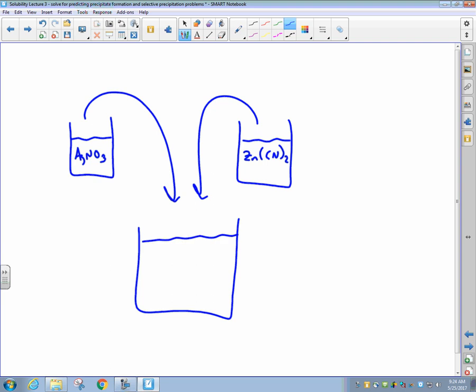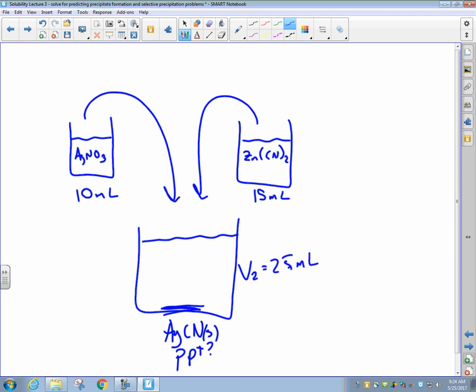And the question that we're asking is, will the AgCN solid precipitate out? And that's our unknown, if you will. We start with 15 milliliters of the zinc cyanide and 10 milliliters of the silver nitrate. So our new total volume, our V2, is going to be 25 milliliters.